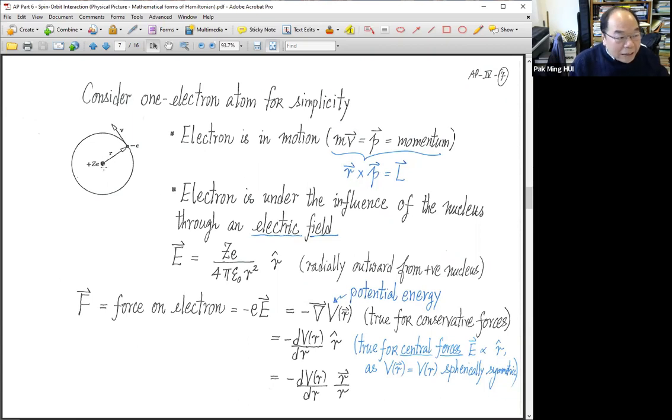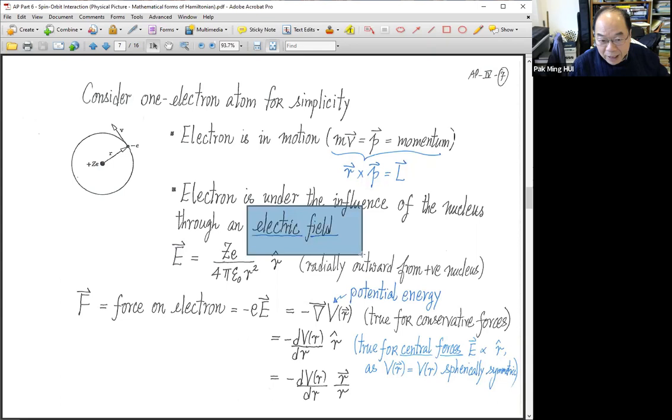Now, the interaction, of course, is Coulombic. So this nucleus is giving a Coulombic force on this electron. It's attractive, all right? So let's look at the electric field.